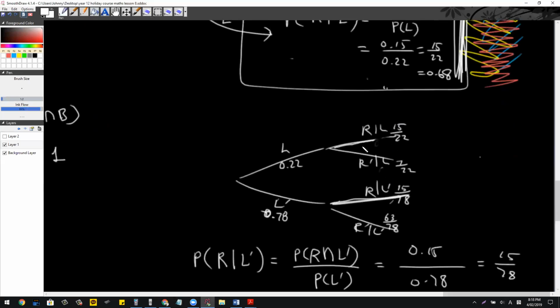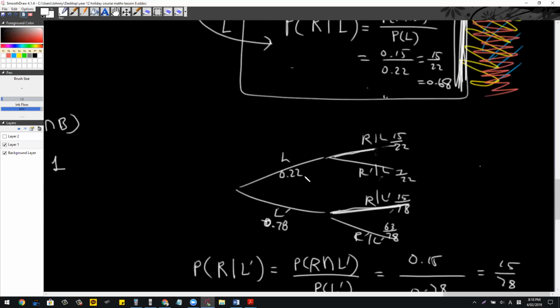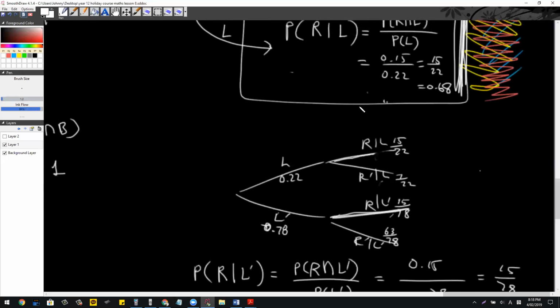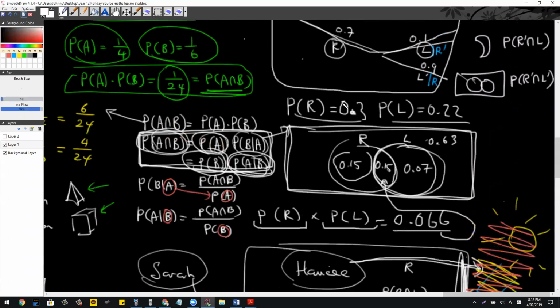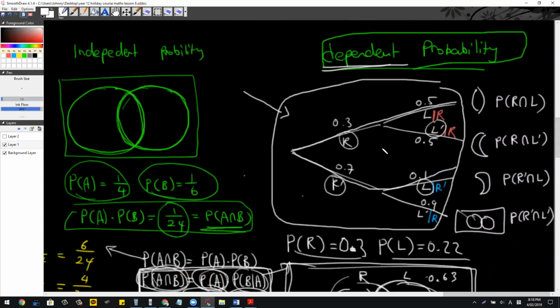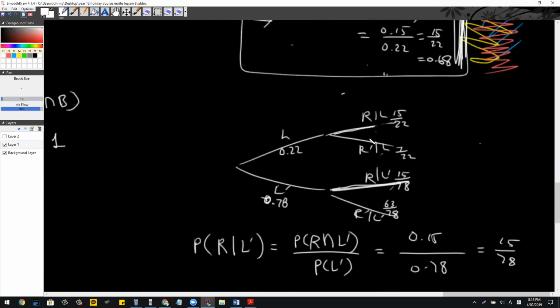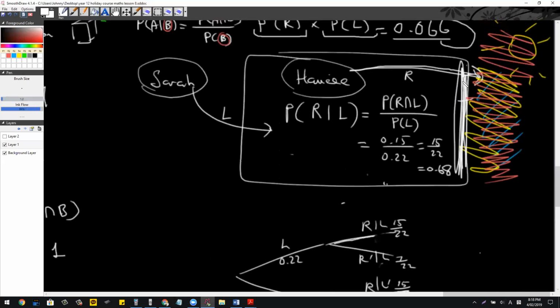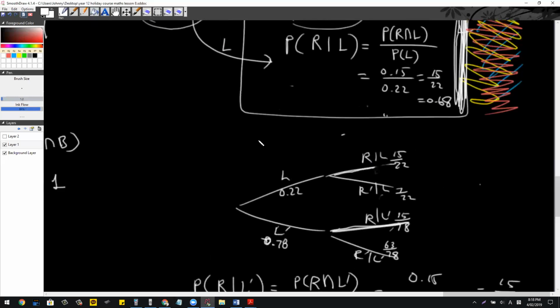So we got this new tree diagram. Therefore we're going to get the same Venn diagram here. Same Venn diagram. So if the windows are all sealed and Honey doesn't have any access to the outside world, then she has this new table now.